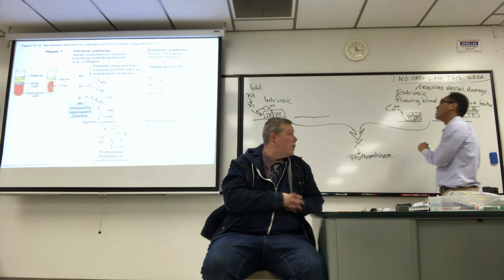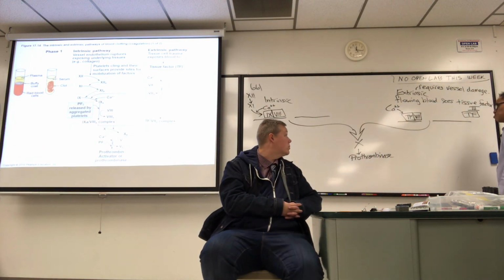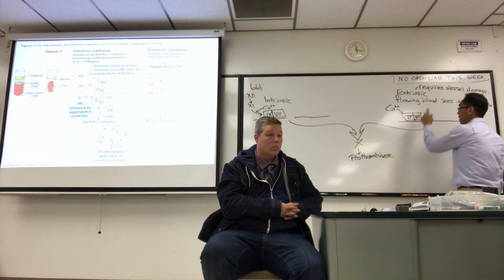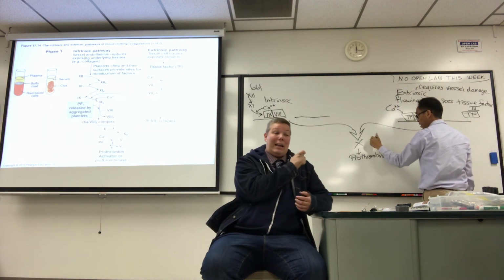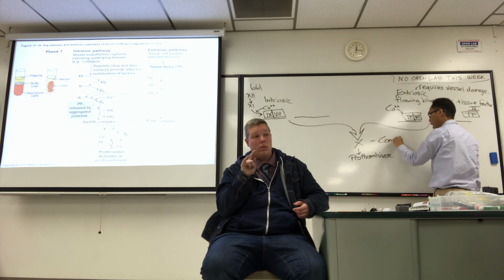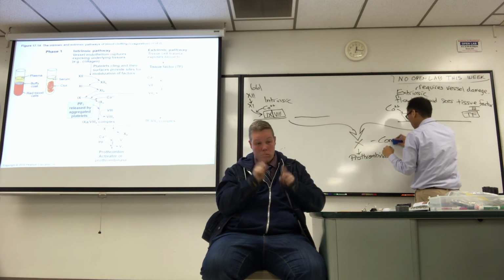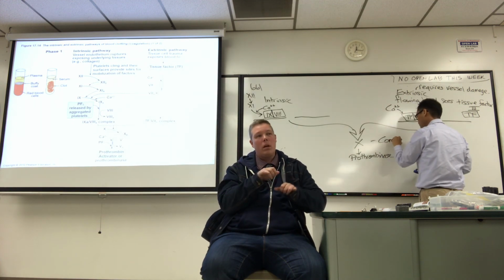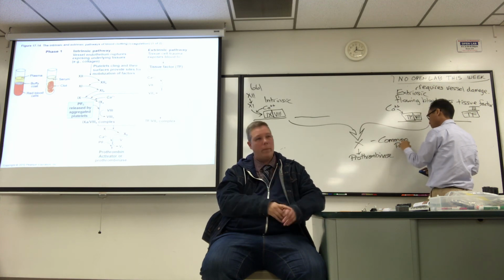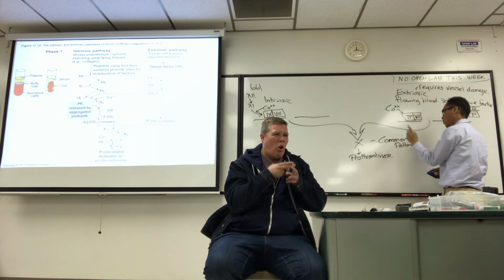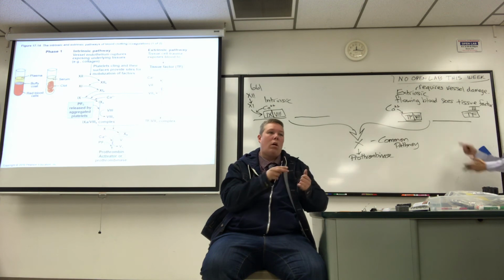So, extrinsic, intrinsic, from here on out, common pathway is what we call it. Why? It's common to both extrinsic and intrinsic. They both get to factor 10, right?